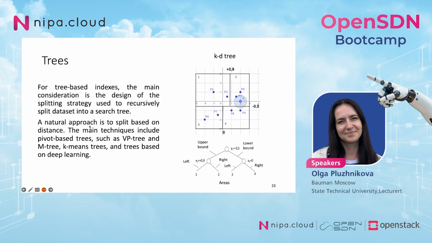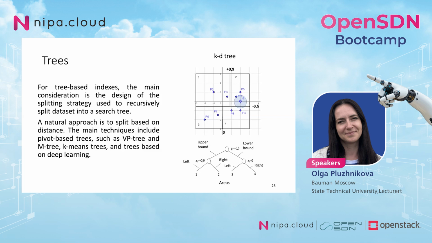For tree-based indexes, the main consideration is the design of the splitting strategy used to recursively split datasets into a search tree. A natural approach is to split based on distance. The main techniques include pivot-based trees, such as VP tree, MEM tree, k-means tree, and trees based on deep learning.